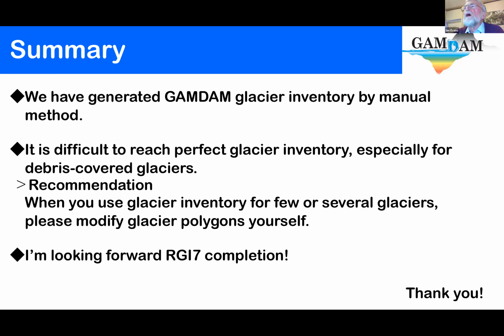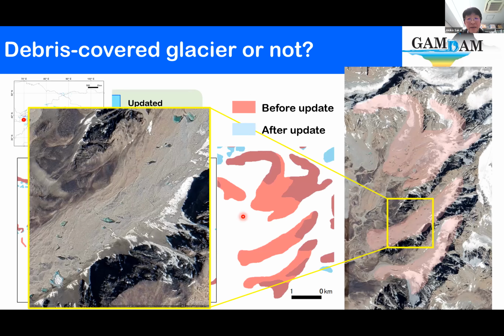I understood that you still have problems with GAMDAM 2, because the examples you showed seem to me very much like glaciers that you said might be called rock glaciers. There seem to be plenty of lakes, where you have those lakes, for example. Still we have problems. Yeah. So there are still problems.